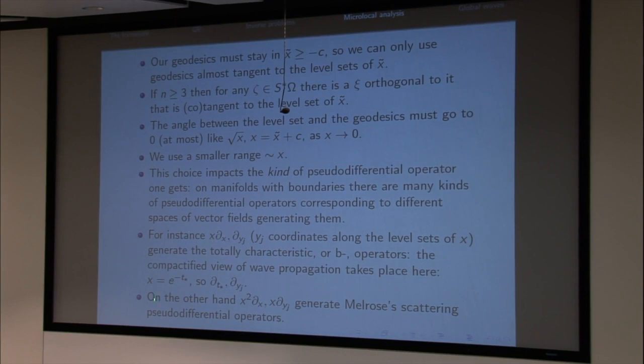Okay, and so for example, the GR problem is in fact exactly this if you compactify your spacetime by making x equal e to the minus t star. This is the exponential, and this is actually the exponential decay of the metric to curves. But for our problem, the vector fields you get are based on x squared d/dx and x d/dy.